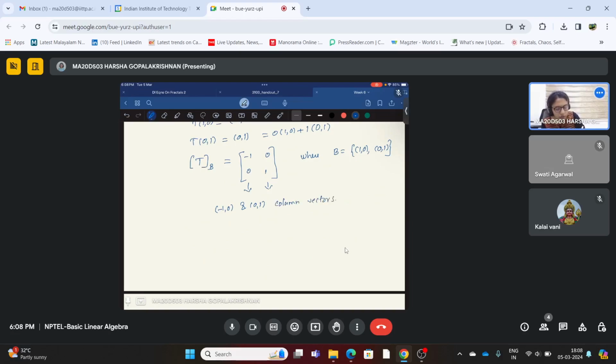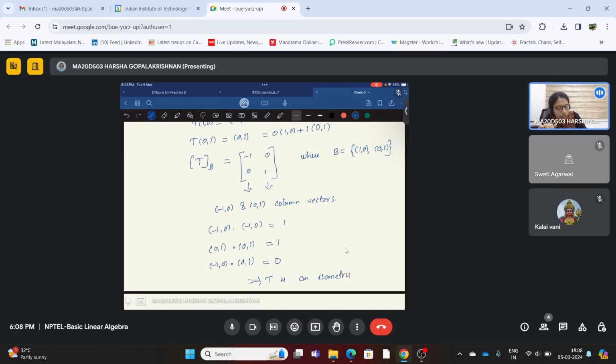If I take the dot product (minus 1, 0) with (minus 1, 0), this is 1, and (0, 1) dot (0, 1) is 1, and (minus 1, 0) dot (0, 1) is equal to 0. What does this mean? It is an orthonormal set. So, if the column vectors form an orthonormal set, then also we can say T is an isometry. So, this is an equivalent definition.